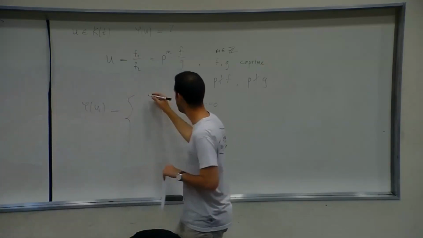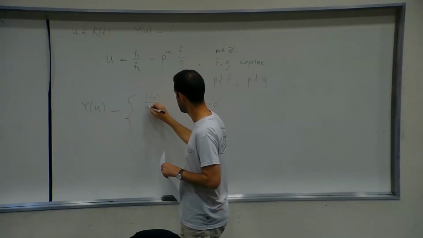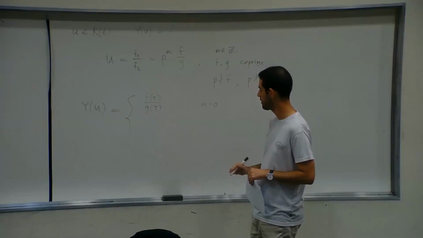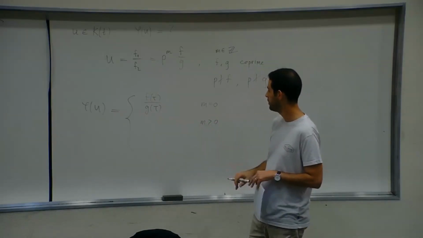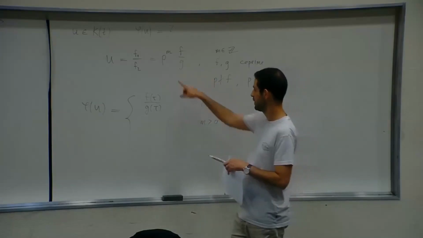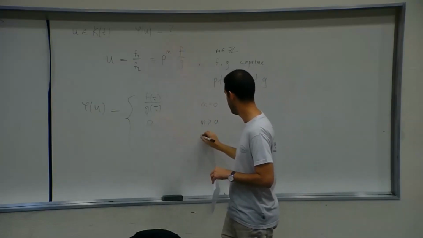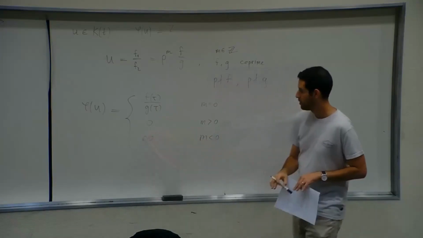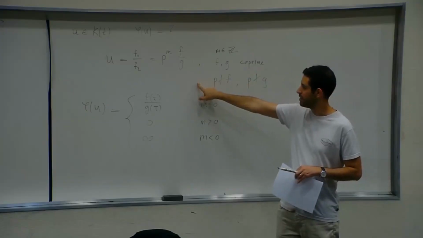So what would we get? We get this. If m is positive, then what will we get? 0, right? Because this will be 0. And if m is negative, then infinity.